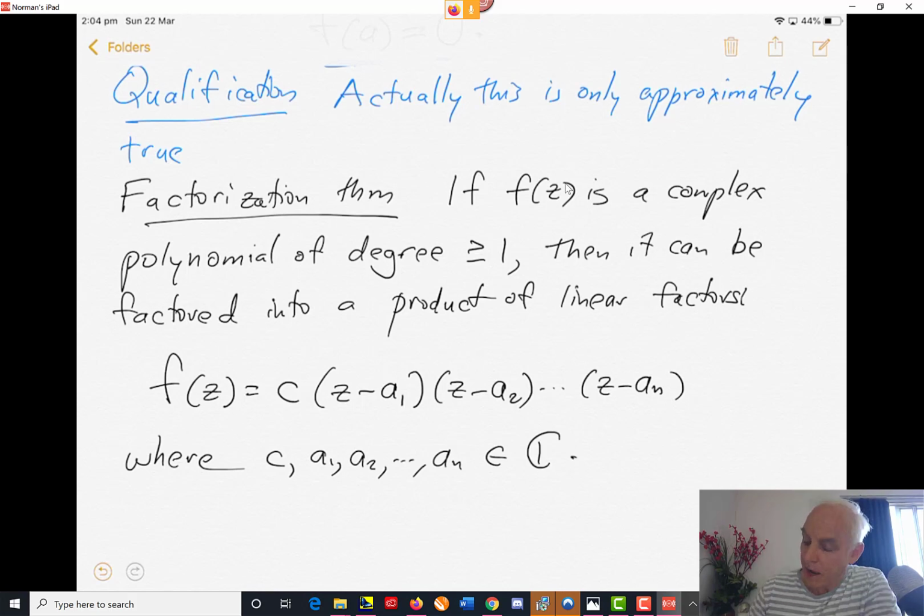In fact, the a sub i's are just the zeros of f of z.